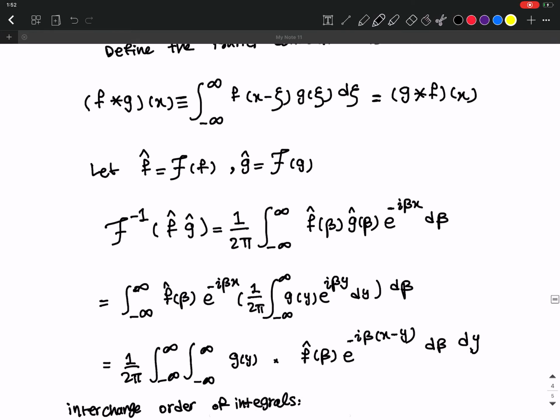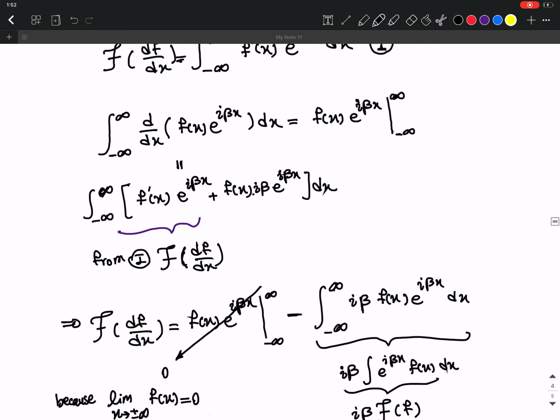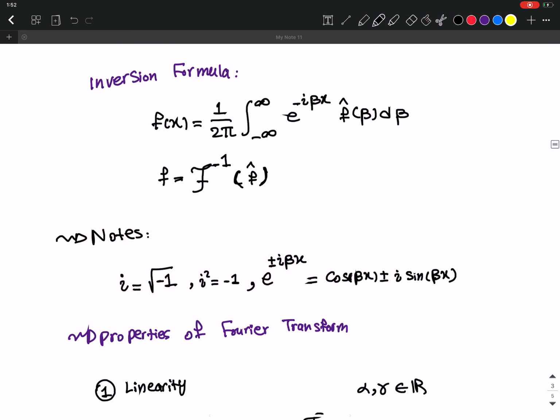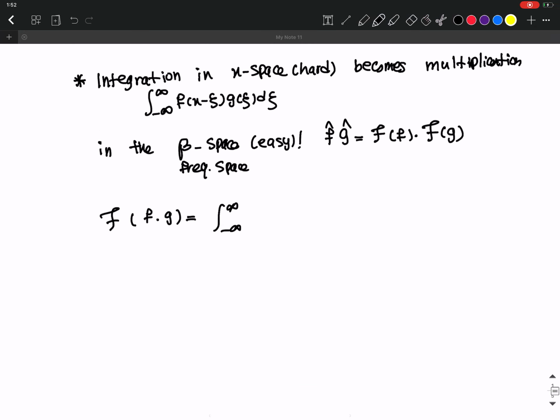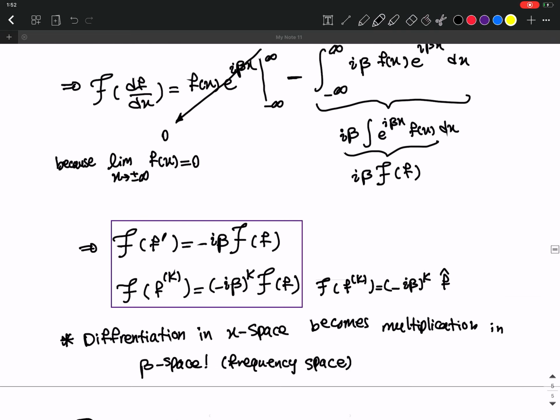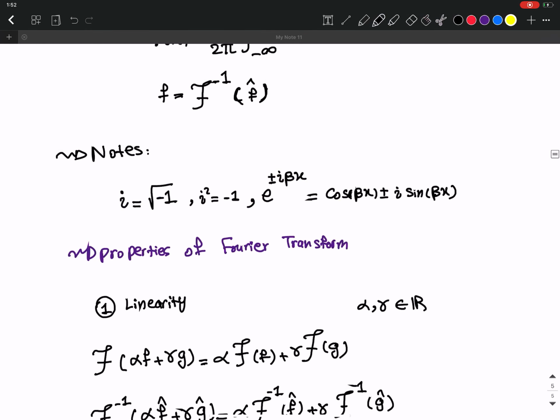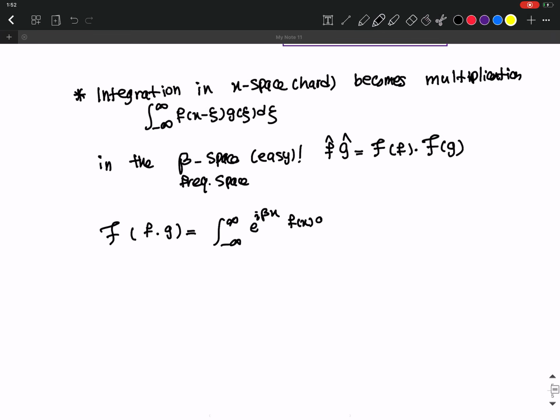If you take the Fourier transform of these two functions, you are going to get the integral from minus infinity to infinity of, based on the definition that we have, e to the i beta x times f(x) g(x) dx, right?